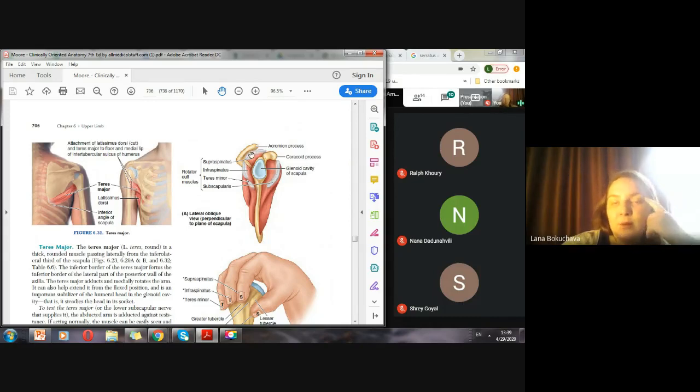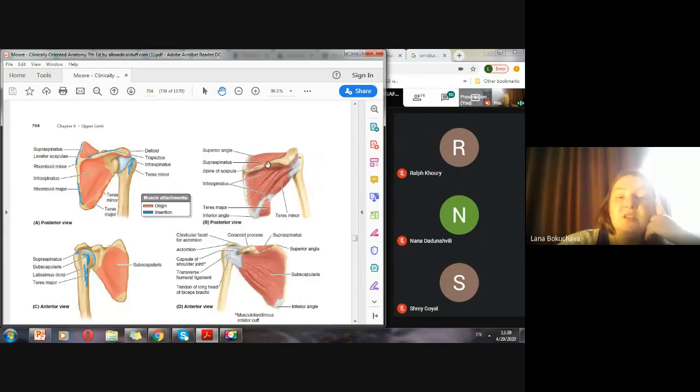On the posterior surface of the scapula, we had the spine of the scapula, which was dividing the whole surface into two parts. Yes, we had the supraspinous fossa and the infraspinous fossa. As a result, the muscles which are attached here are the supraspinatus and the infraspinatus muscle, which is very well seen here. Again, the supraspinatus and the infraspinatus muscle, okay?